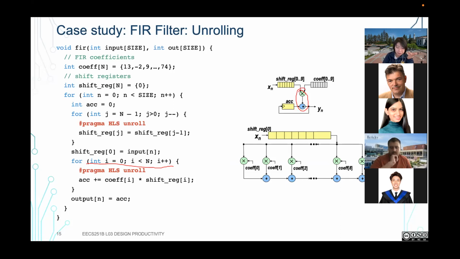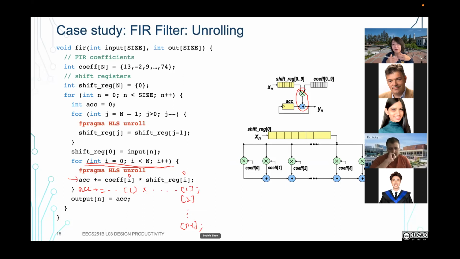You can think of unrolling as, instead of writing a loop, you just manually write the statement multiple times. Let's say i is 0, this is one statement, and then you do another with coefficient 1 multiplied by, and then you do 2.